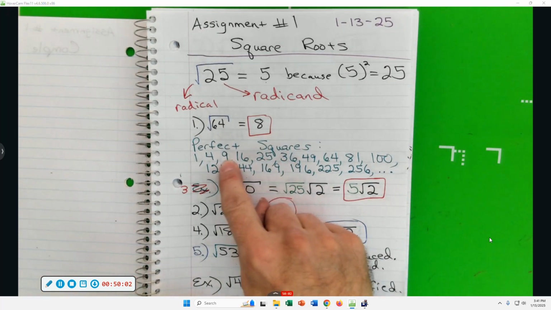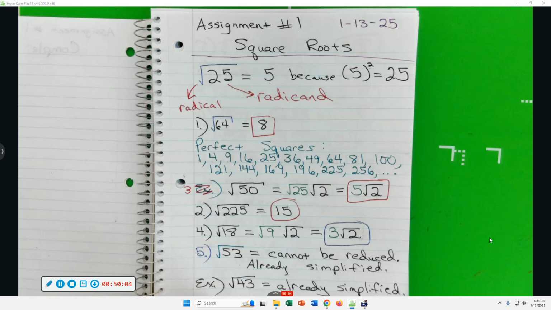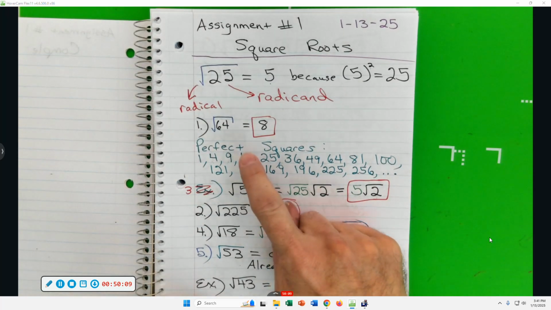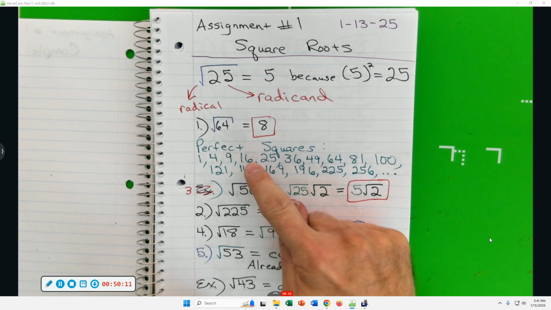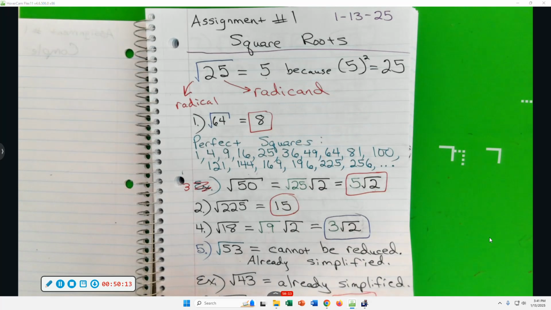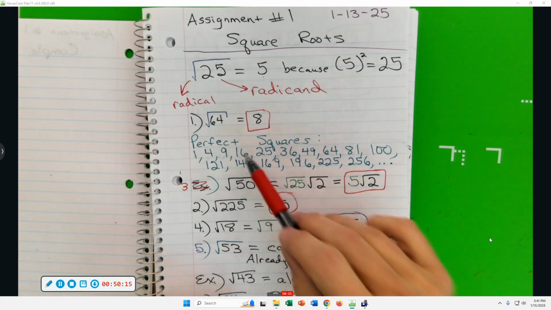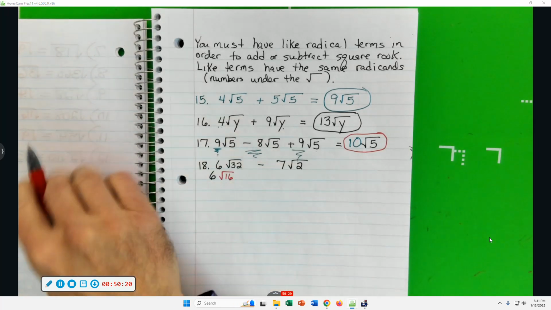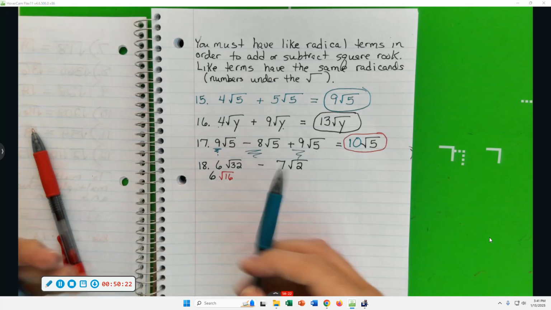What's the biggest number? You might say 4, but no, there's a bigger one, 16. You've got to use the biggest perfect square. So I'm going to rewrite that 32 as square root of 16 times square root of 2.